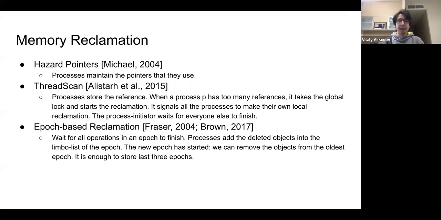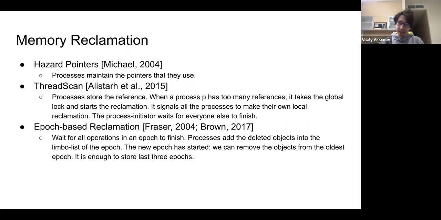And there is epoch-based reclamation. The idea is pretty simple. We have the epoch of the operations, and when all the operations of the epoch are finished, then we can remove all the memory that was allocated in that epoch.